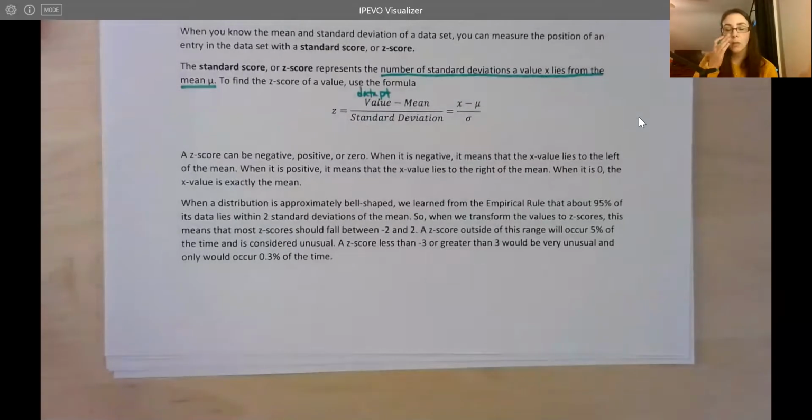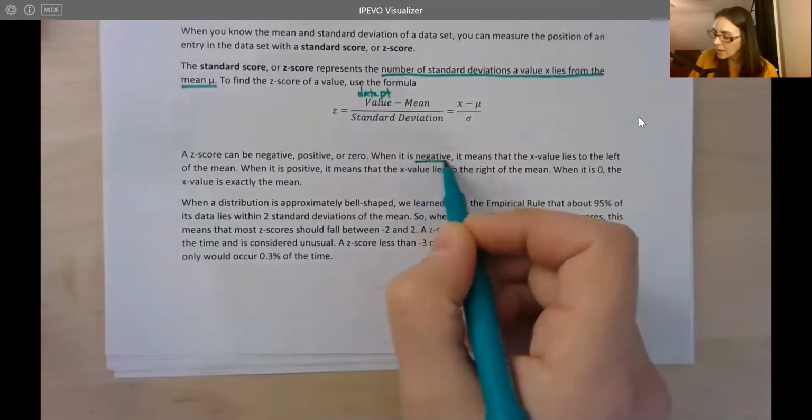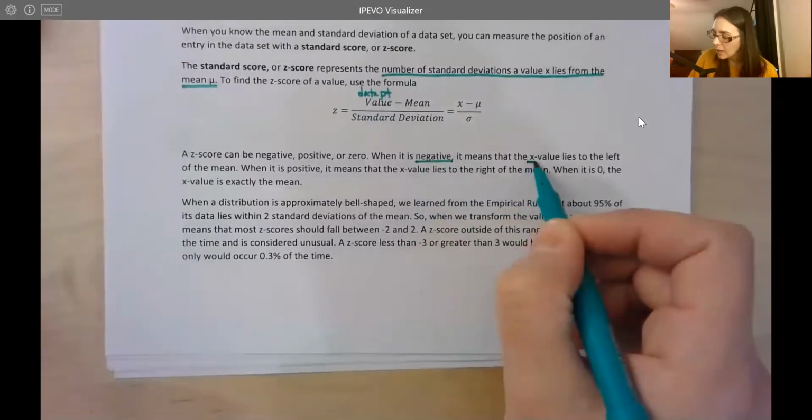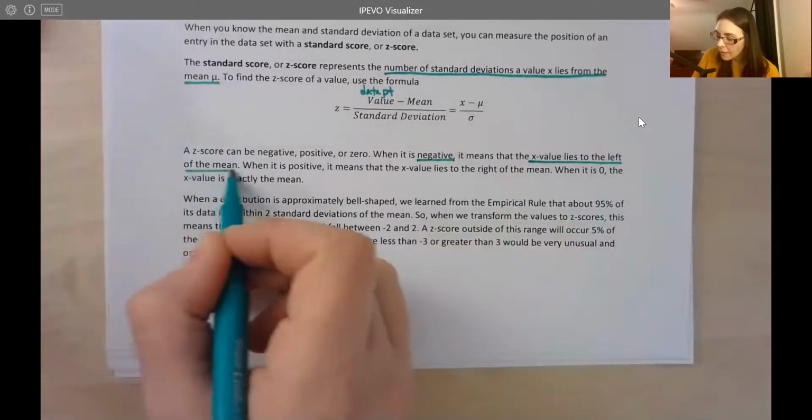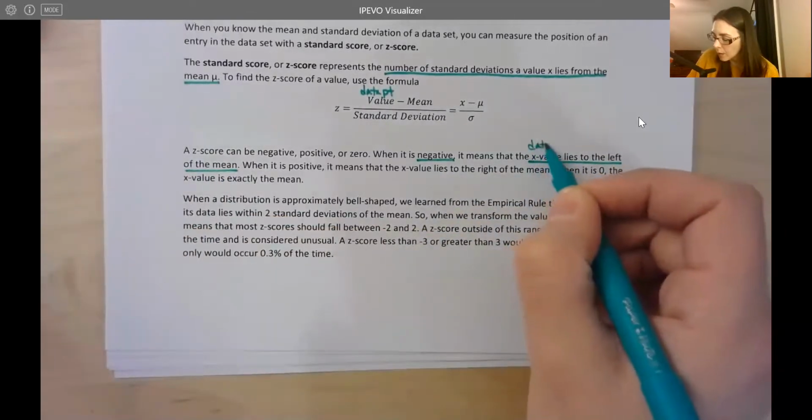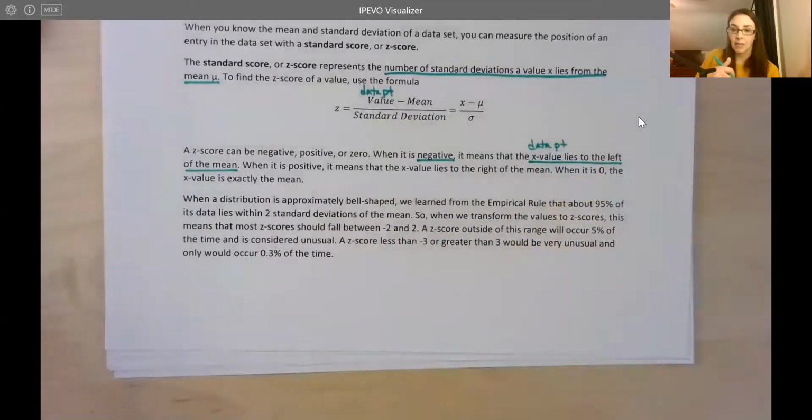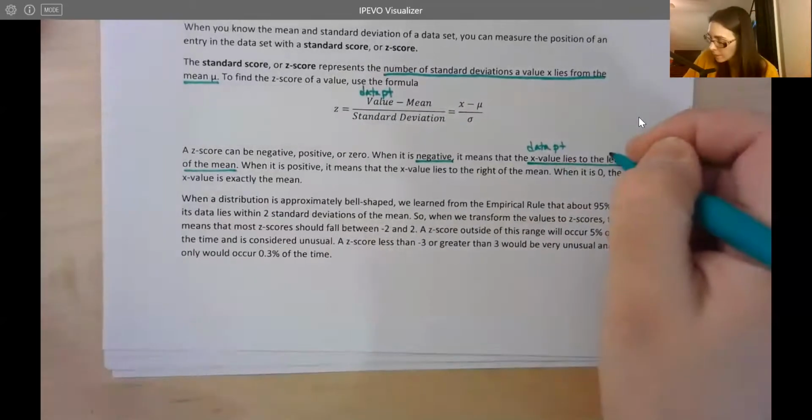Now, a Z-score can be negative, positive, or 0. When a Z-score is negative, it means that the data point lies to the left of the mean. So the X value is on the left of the mean. It's less than the mean.